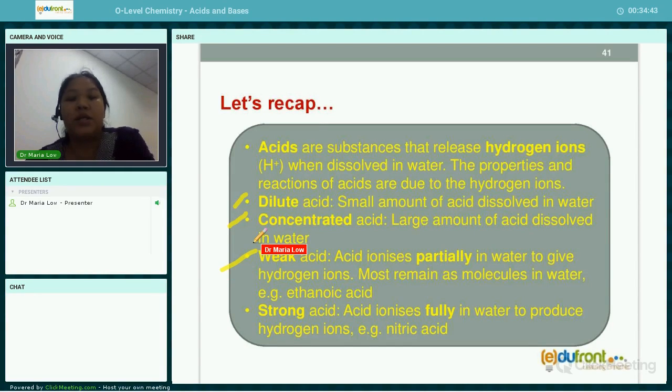Weak acid means acid that ionizes partially in water to give you hydrogen ions, and most will remain as molecules in water, and such examples will be your ethanoic acid. Then you have strong acids. Strong acids are acids that ionize fully in water to produce hydrogen ions. Examples of strong acids will be your school laboratory acids such as nitric acid, hydrochloric acid, or your sulfuric acid.